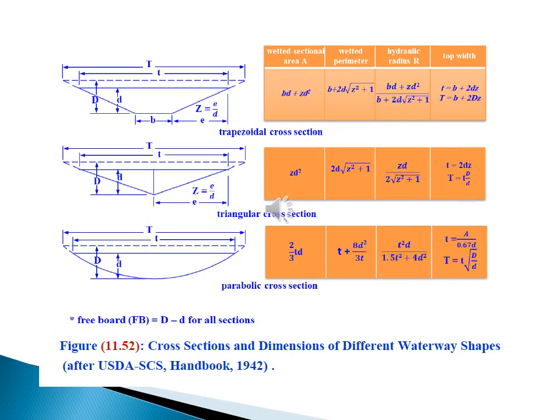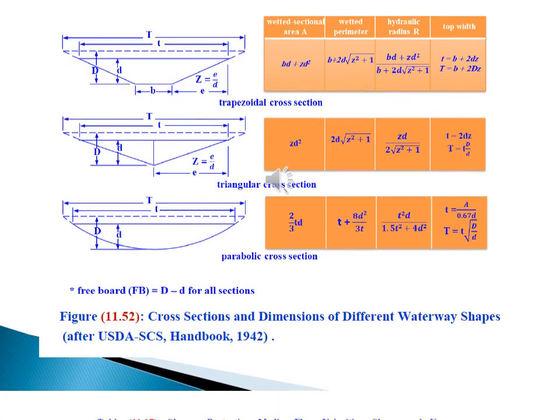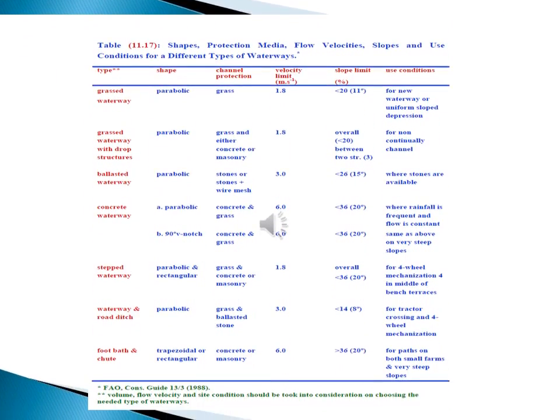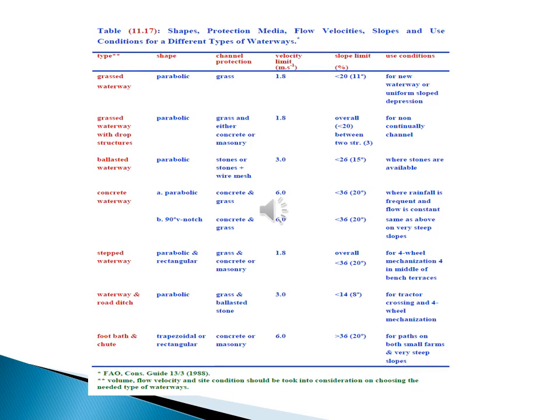Figure showing cross sections and dimensions of different waterway shapes. Look, my dear, an important table showing shapes, protection media, flow velocity, slopes, and use conditions for different types of waterways.